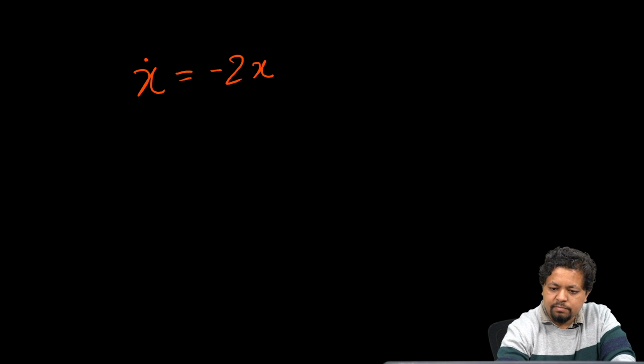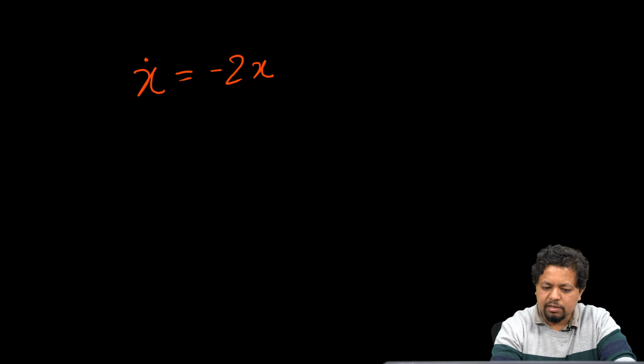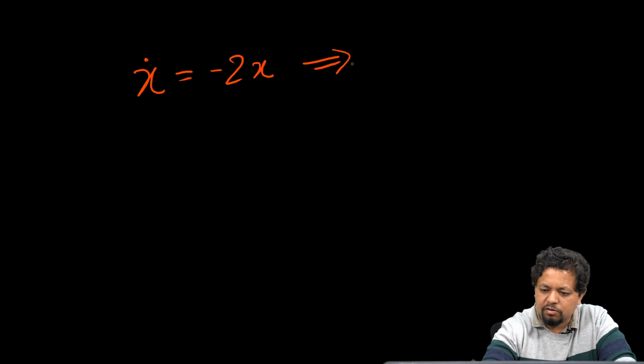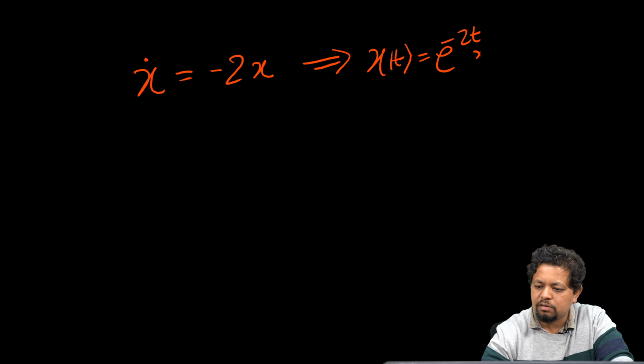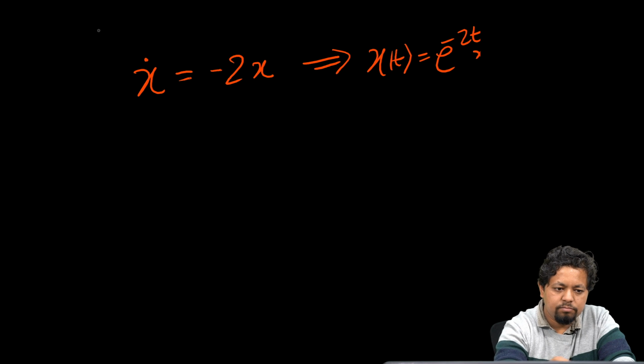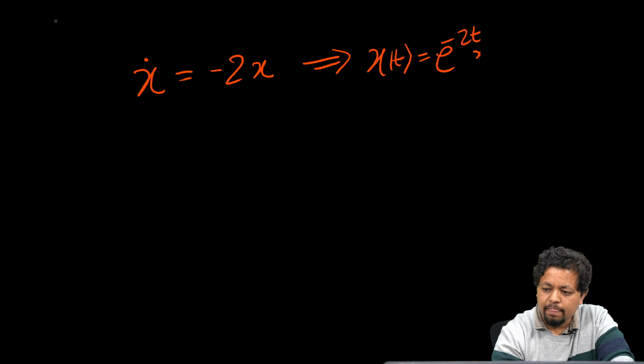Let's say x dot is e to the minus 2x, and we have already figured out the solution: x as a function of t is e to the minus 2t times a constant. So x of t is some constant times e to the power minus 2t.